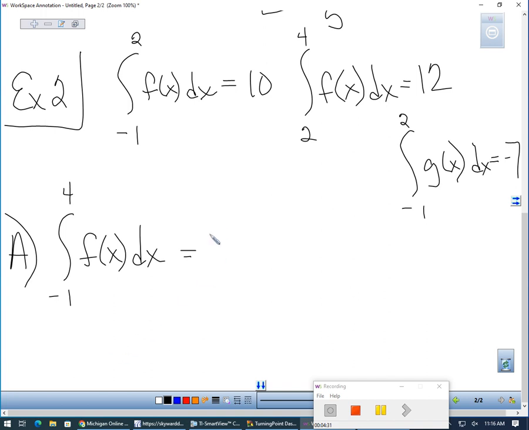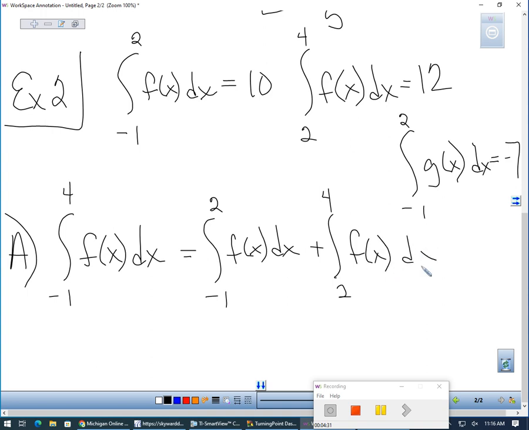We do the integral from negative 1 to 2 of f of x dx, and add that to the integral from 2 to 4 of f of x dx. The integral from negative 1 to 2 equals 10, and the integral from 2 to 4 equals 12. So the integral from negative 1 to 4 equals 22.